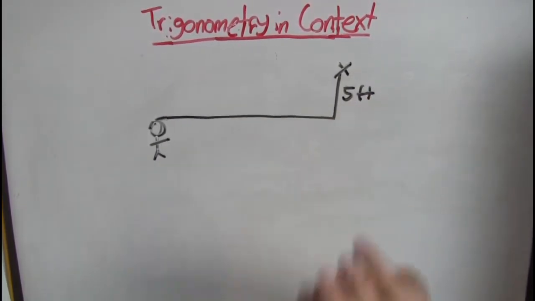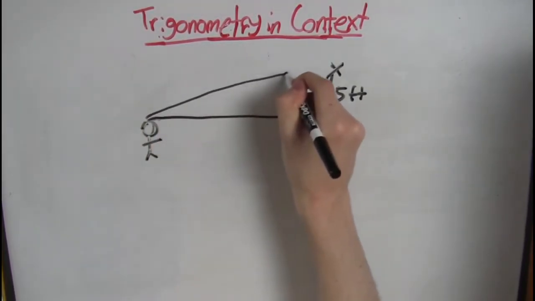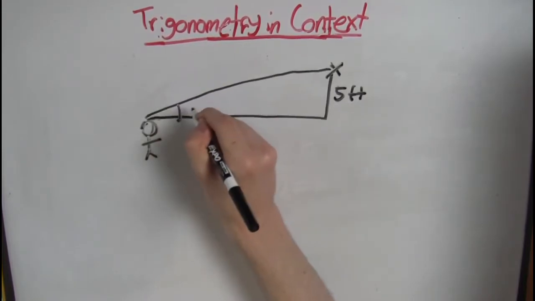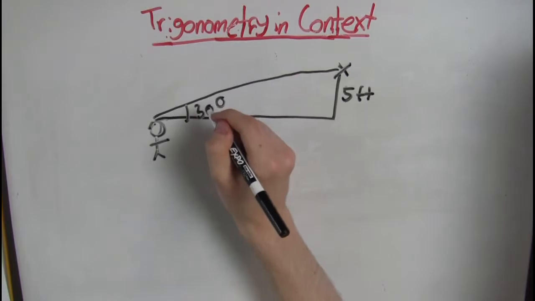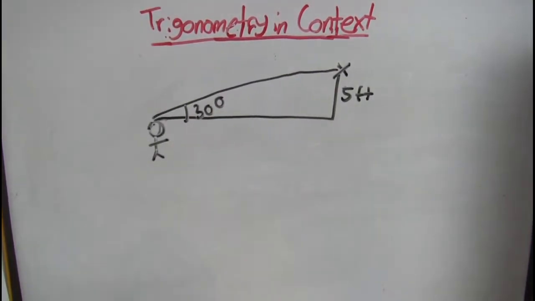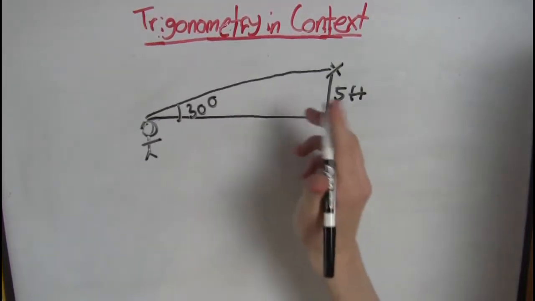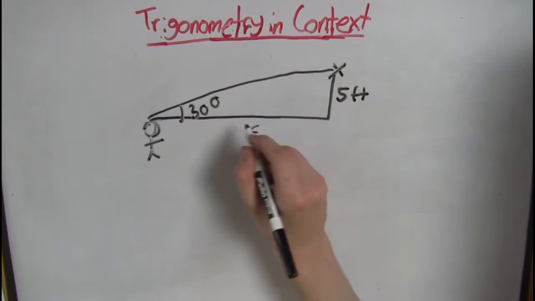I know I throw my baseball at a 30-degree angle above my head. So if this is my path from me to the baseball, there's a 30-degree angle here. I want to know how far I have to stand back to hit my target. So how far I have to stand back, that's saying, what's this distance here? I'll call this distance x.